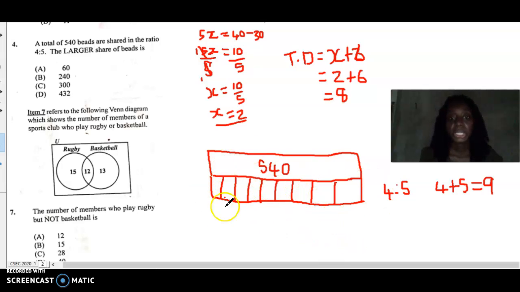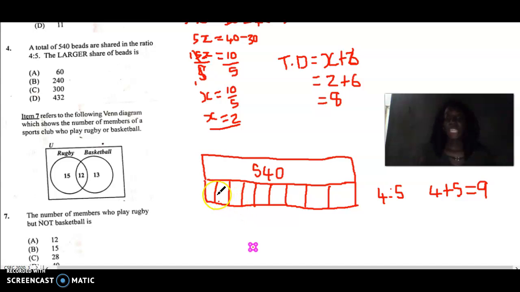I need to determine now what's the value of each of these portions. All right, so each of these sections would be the 540, and then now I'm going to share 540 into 9 equal parts.